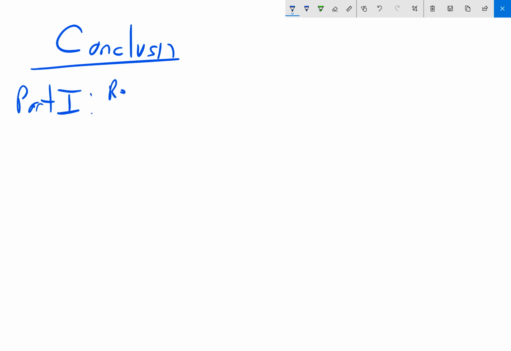So when we go to write the conclusion, let's abbreviate it. The first part deals with the type of decision. So do we reject the null? Or do we fail to reject the null?